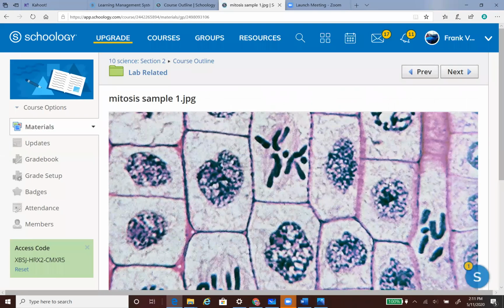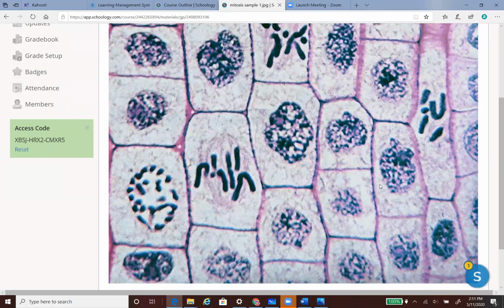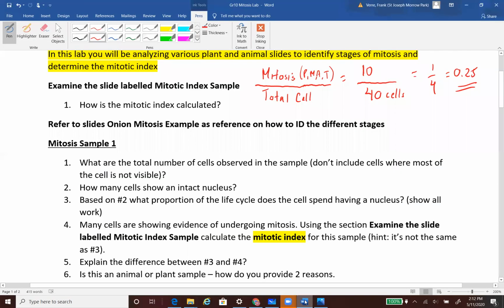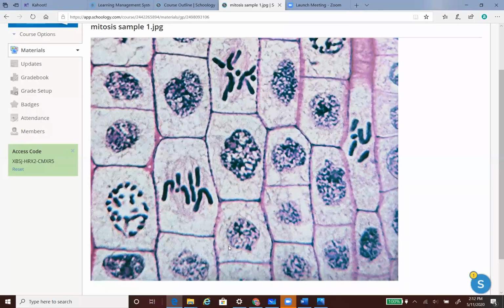Okay, so the first question, now it's probably best that you look at this on your own screen because it's maybe a little bit hard to see on mine, but the first question is, what are the total number of cells observed in the sample? Don't include cells where most of the cell is not visible. So you're going to have to go through this and maybe only include cells that you can clearly see all of the cell, all right?